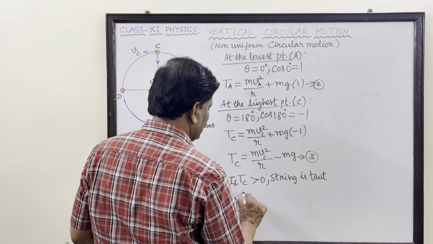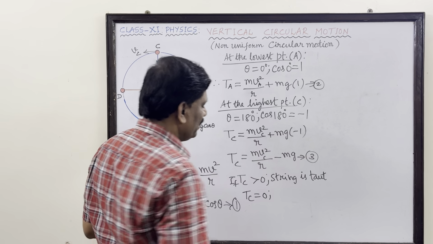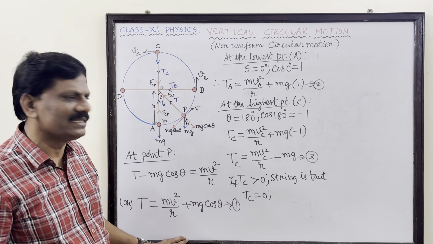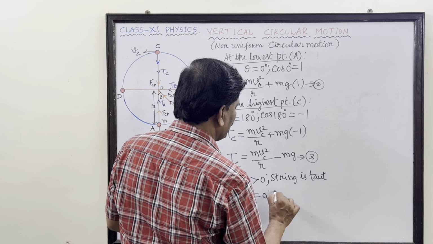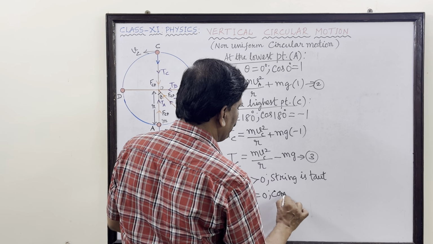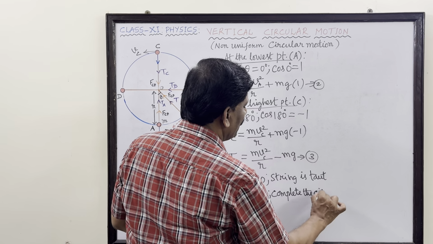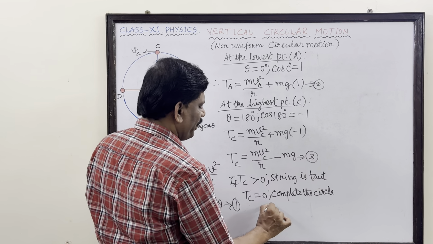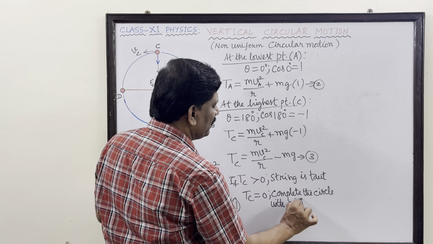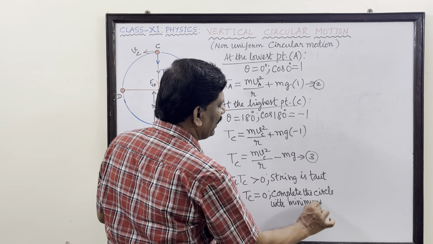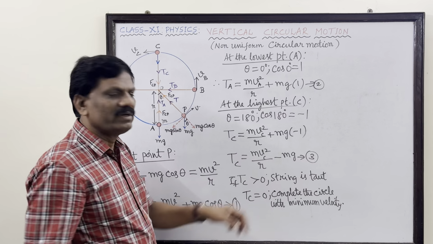And if TC is equal to 0, if the tension is equal to 0, now also the body will complete the vertical circle with the minimum speed, the minimum velocity, and this velocity is called what?